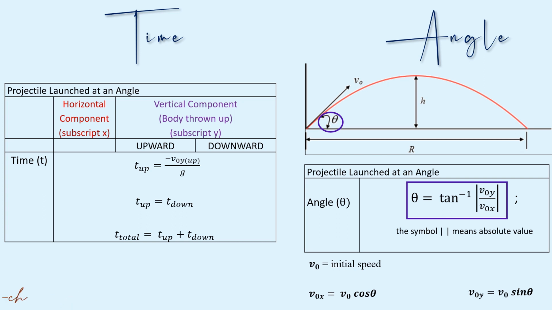And for our VOX, or the initial horizontal velocity, it is 30 meters per second. If we are going to substitute that to this formula, the answer is actually 60 degrees.